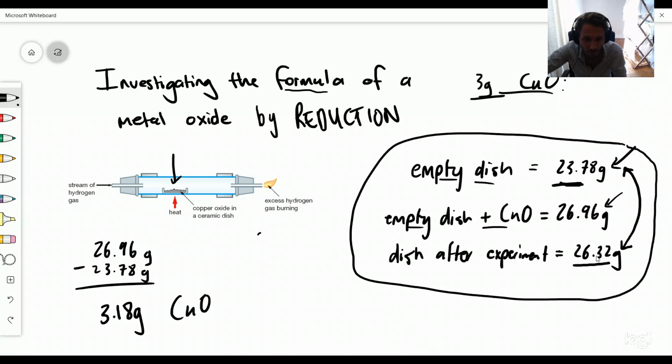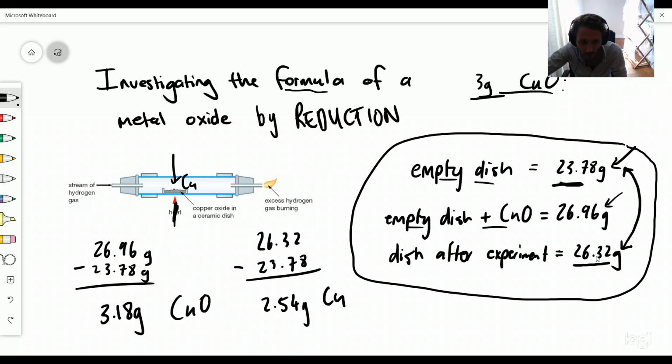So 26.32 minus 23.78 is going to give me 2.54 grams of just copper. Remember, when we heat this up and expel all the oxygen, only copper remains. So the mass we weighed, 26.32, minus the empty dish itself, is going to give me copper.